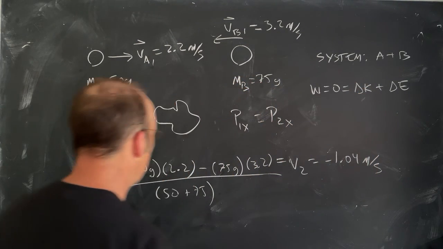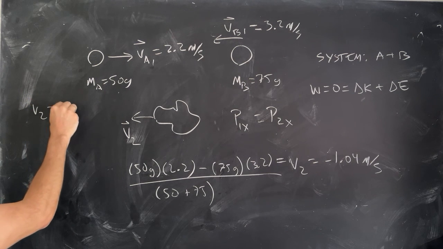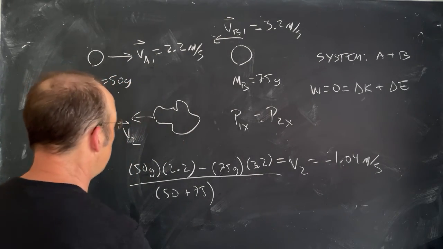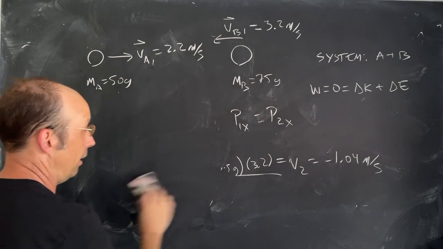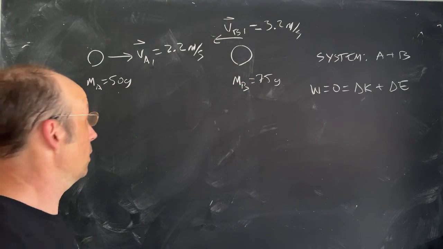So let's find the change in kinetic energy. V2 is negative 1.04. Now I do need to use units of kilograms in this case, because if I want to calculate the energy in joules, the mass isn't going to cancel.